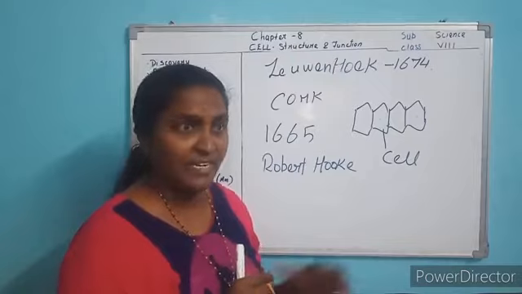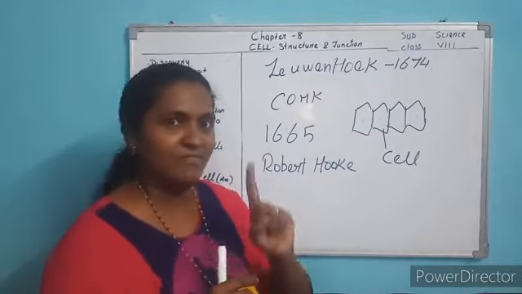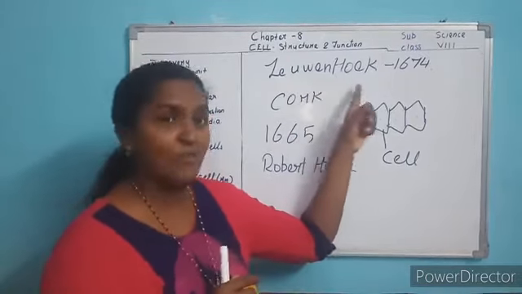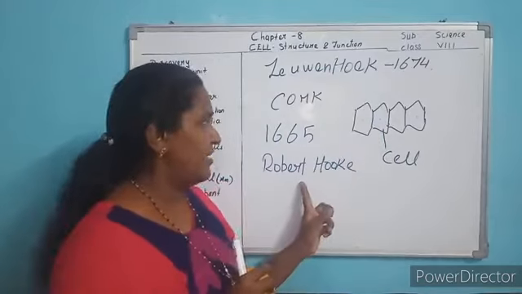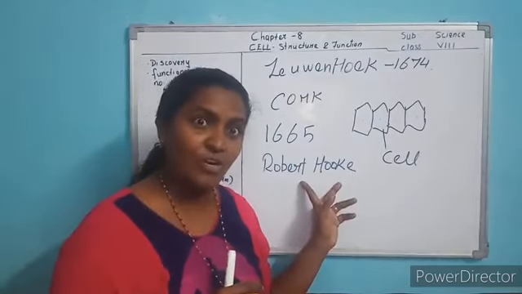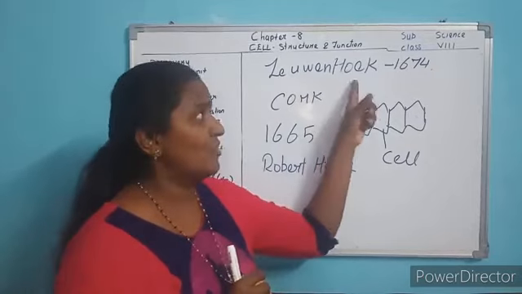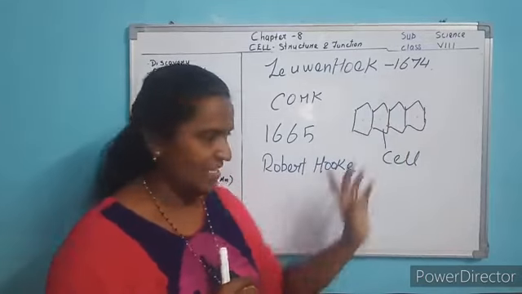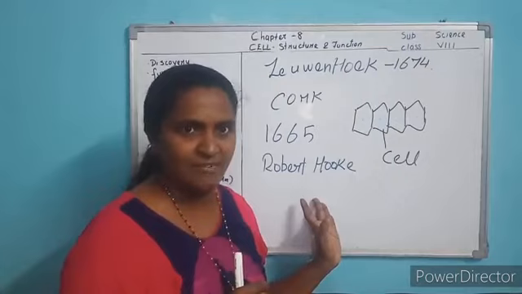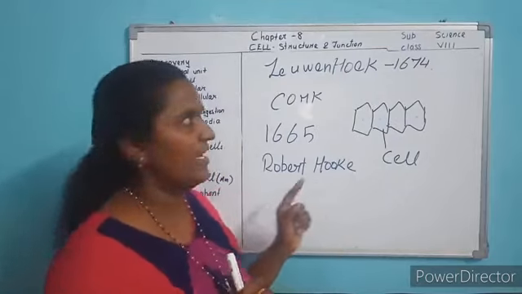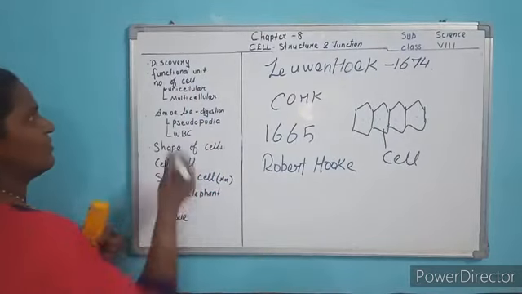He discovered them from living organisms. So who discovered the living cell? Leeuwenhoek. And who discovered the non-living cell first? Robert Hooke. Leeuwenhoek discovered the living cell. Okay, let us move to the next. Functional unit over.